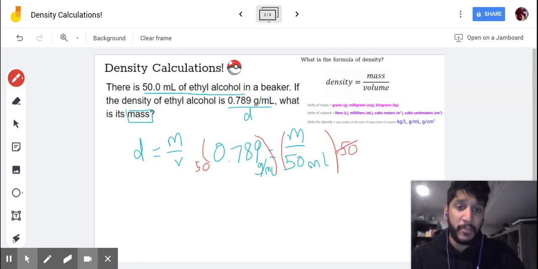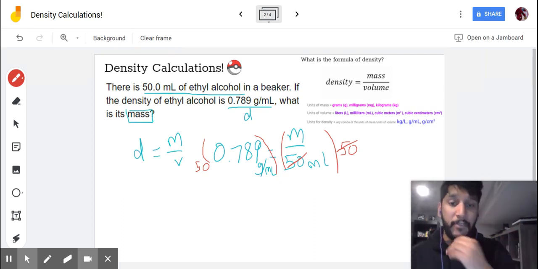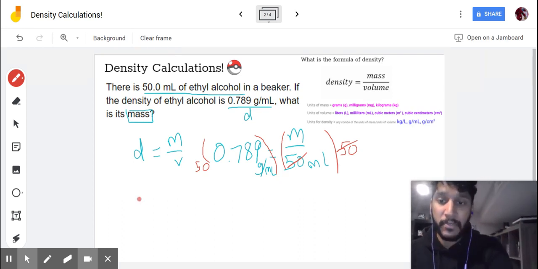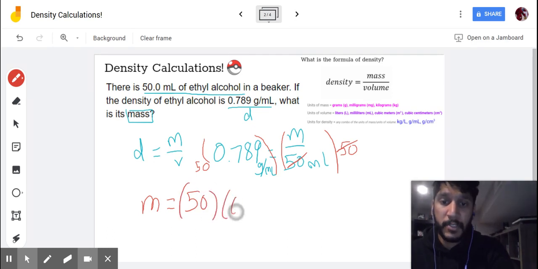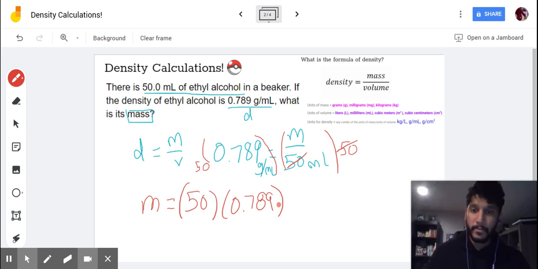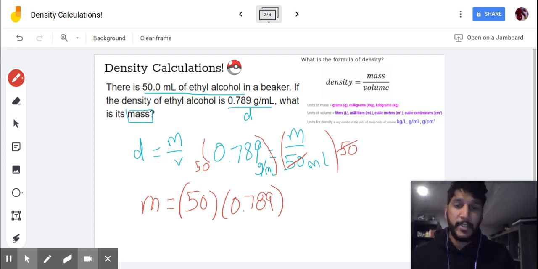The reason for that is our 50s can cancel each other out. So now we're going to have the mass by itself on one side, and then we have 50 times 0.789. Okay, so this is a little algebra, trying to manipulate variables and canceling things out.